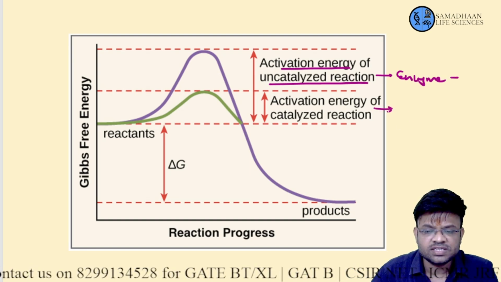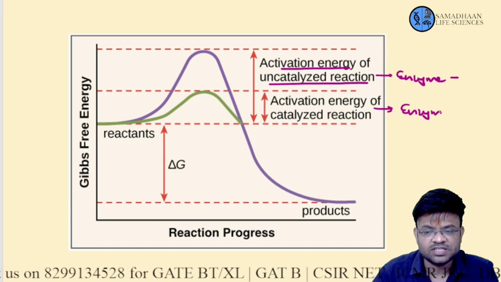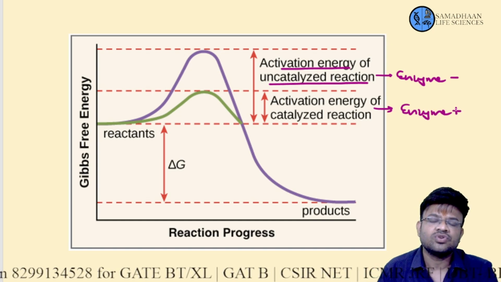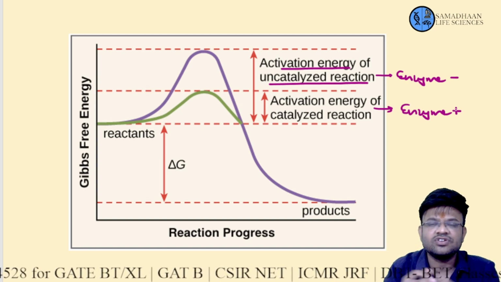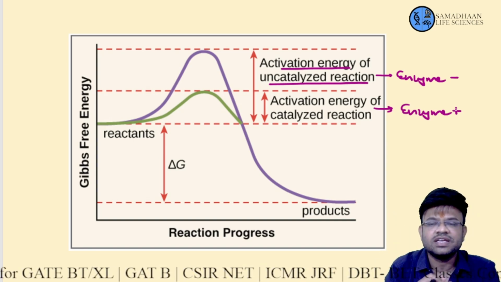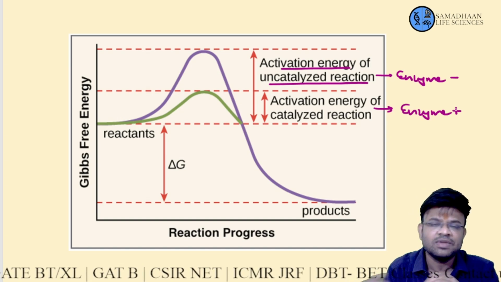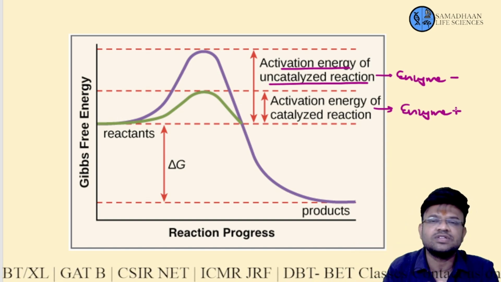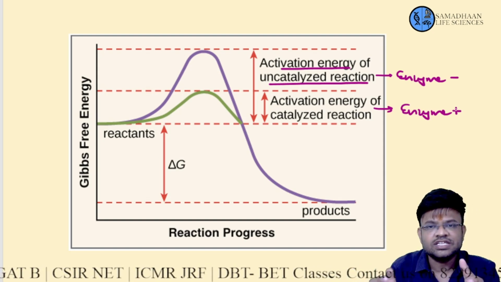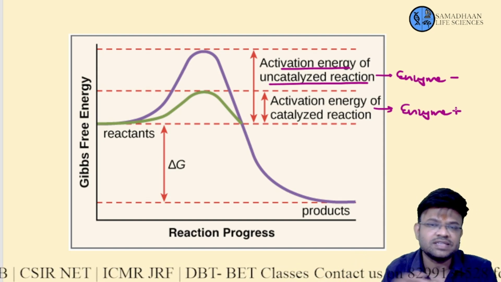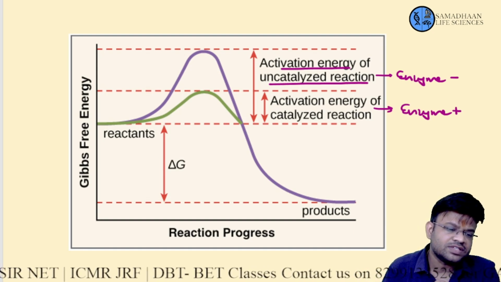And over here you can see the presence of enzyme. So you can see that the activation energy of the reaction has decreased significantly in the presence of enzyme as compared to in the absence of enzyme. So the same thing is being talked about over here, and that is why the rate of the reaction increases significantly.